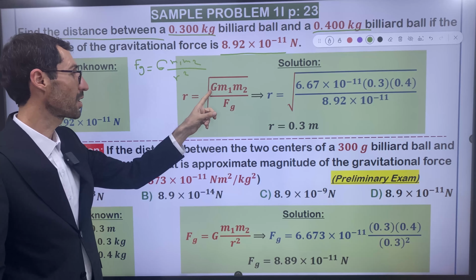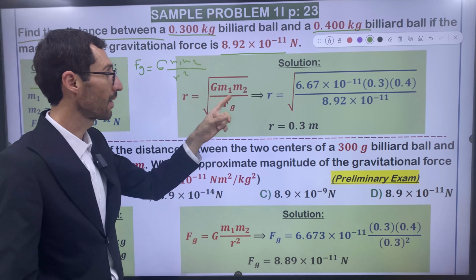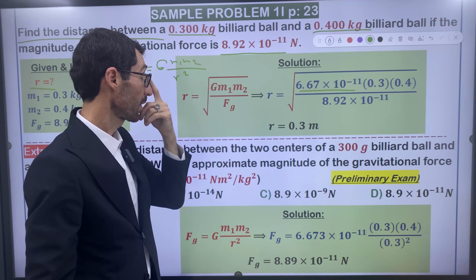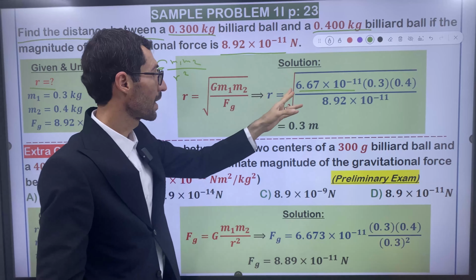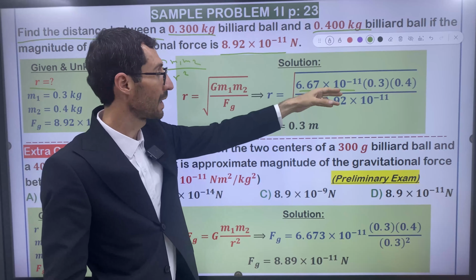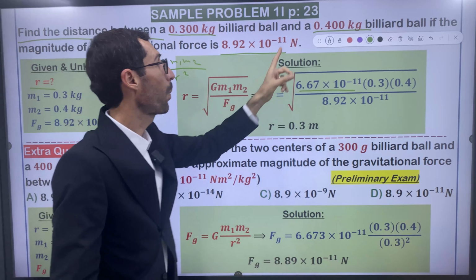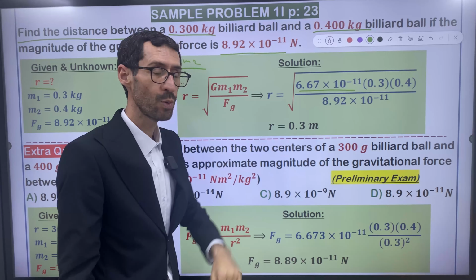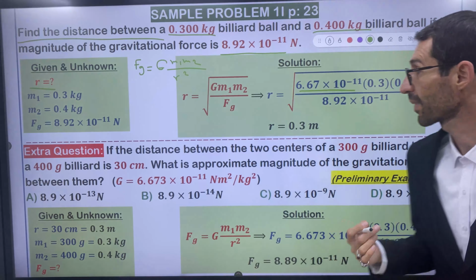Just substitute the values, and G, I want you to memorize G. G is the universal constant of gravitation, 6.67 times 10 to the negative 11. M1 is 0.3, M2 is 0.4, divided by 8.92 times 10 to the power negative 11.